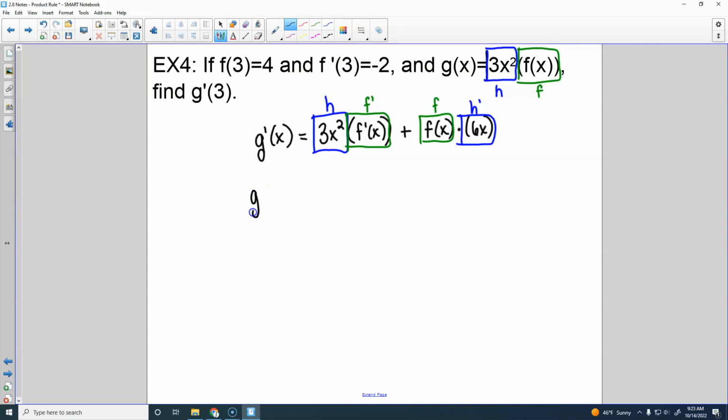So, to find g prime of 3, we are going to plug in 3's for all of the x's. So, we'll have 3 times 3 squared times f prime of 3 plus f of 3 times 6 times 3.